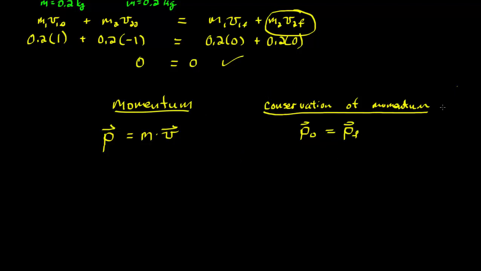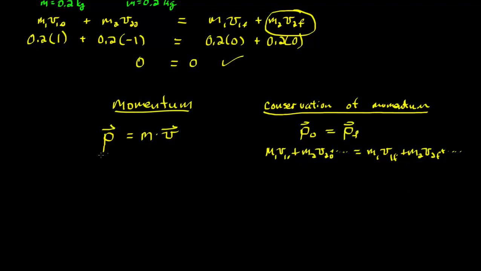So then we could just add up what's going on. In our cases, it was like M1 V1 initial plus M2 V2 initial plus whatever's left is equal to M1 V1 final plus M2 V2 final plus whatever's left. So these little ellipses mean whatever else is there. If we just add them up, they're going to be the same on both sides.